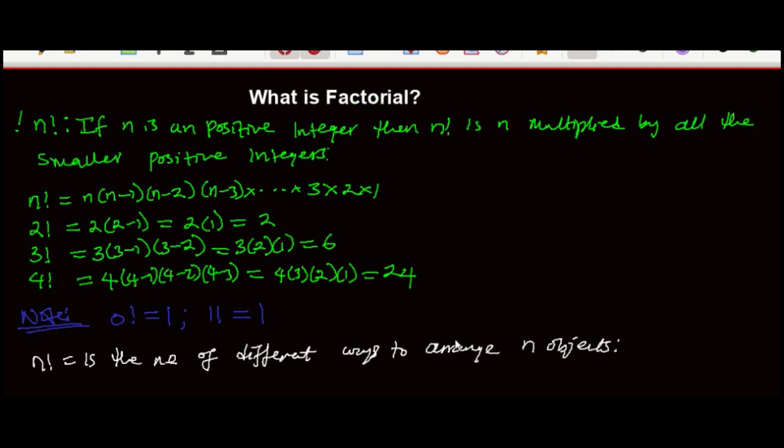So let's move to our example. The first question here says, how many ways can 5 students be arranged to sit on 5 seats in the first row of the auditorium? So first of all, let's take our value of n to be equal to 5 students, and we are asked to find the number of ways that these five students can be placed on five seats.